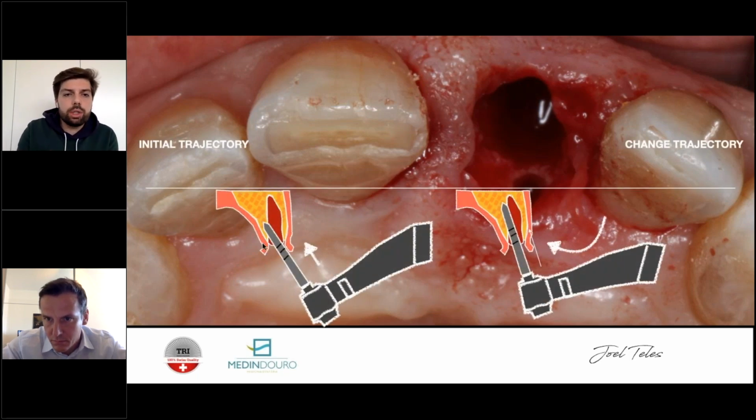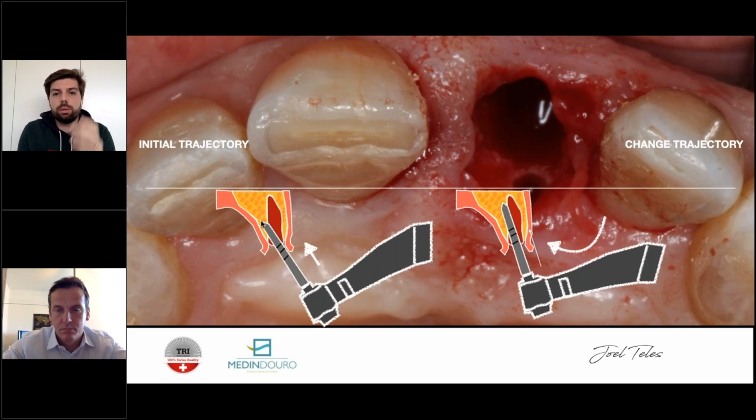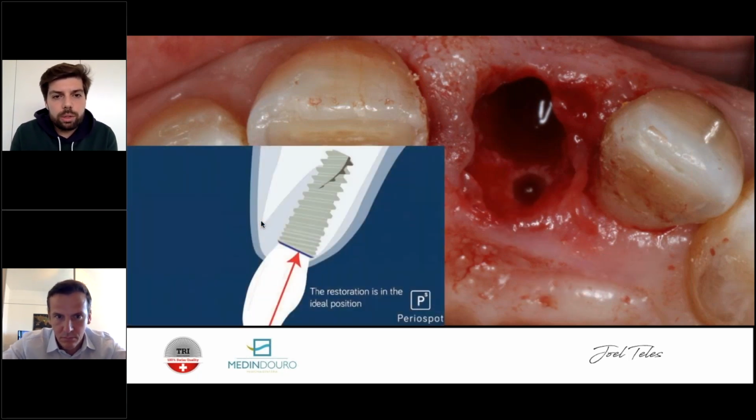First, you do your approach like 3 millimeters below in the palatal wall, and at 45 degrees, you do your first puncture, and you puncture more or less 2 millimeters. After those 2 millimeters, you start to change your trajectory, aiming that your preparation for your implant is leaning on the palatal wall.